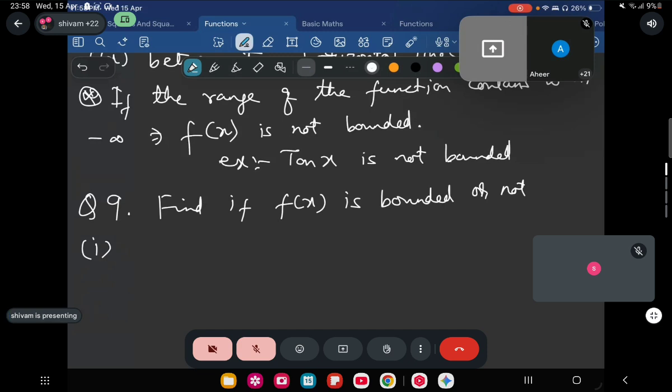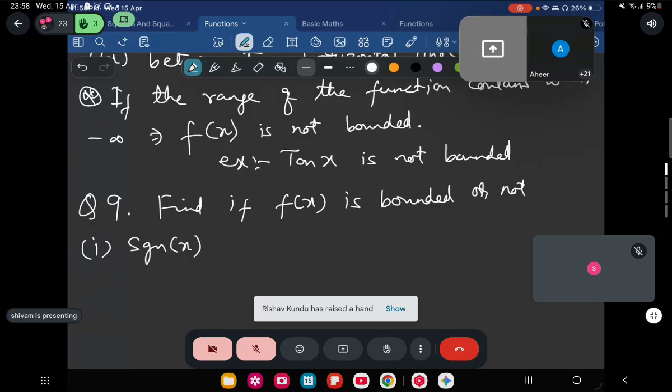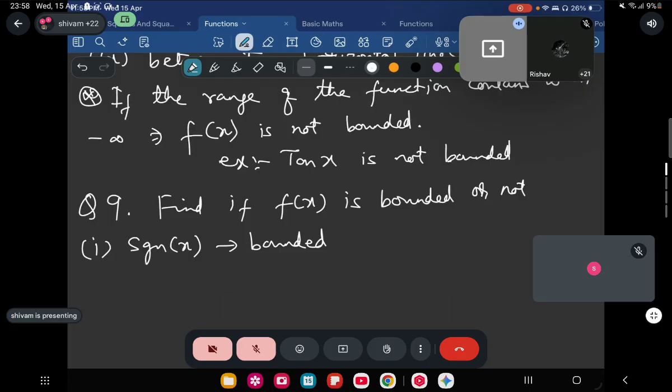Number 1, signum function of x. Raise your hand. What do you think? Is it bounded or unbounded? Yes, Rishabh, tell me. So bounded. Absolutely correct. We can bind the function between y equal to 1 and y equal to minus 1.